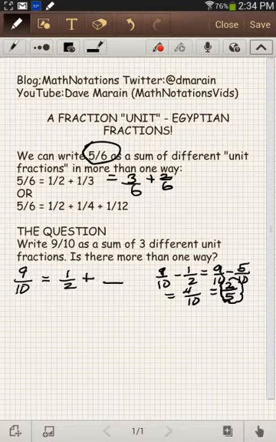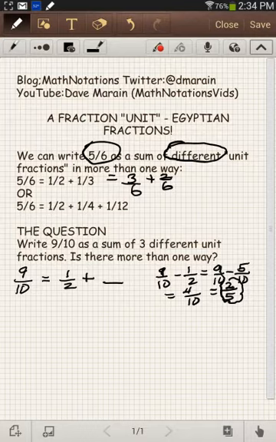We can also write 5/6 as a sum of 3 unit fractions, again, unit fractions meaning numerators of 1. 1/2 plus 1/4 plus 1/12, you can verify that. So there's more than one way to express a given fraction as a sum of different unit fractions. And that's important because that's part of this process.